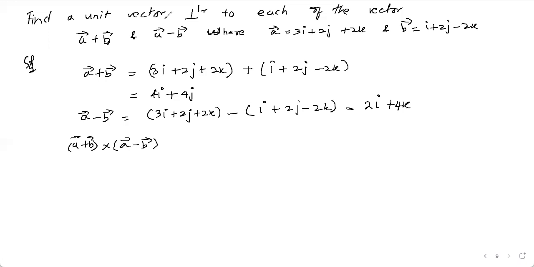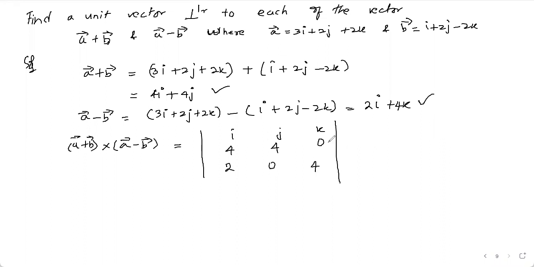So i, j, k, with a plus b as 4, 4 and 0, and a minus b as 2, 0 and 4.